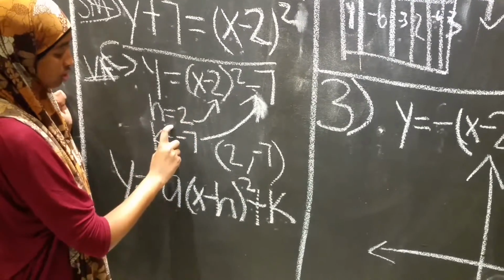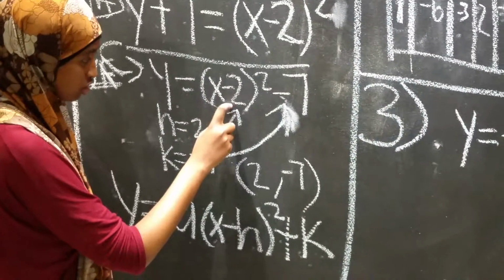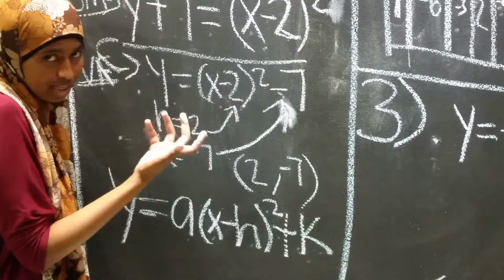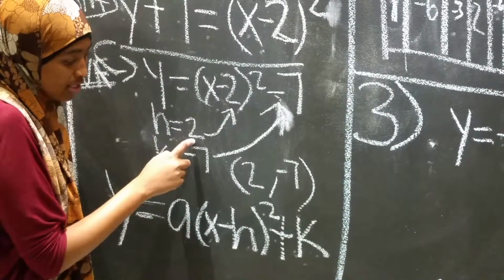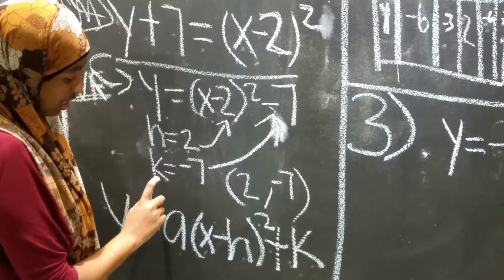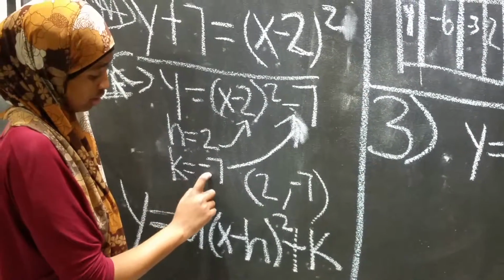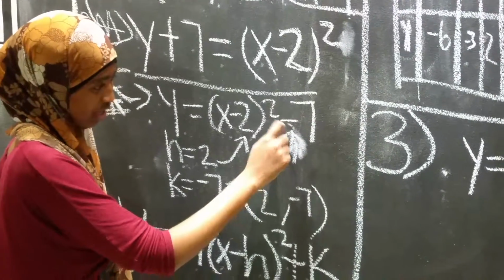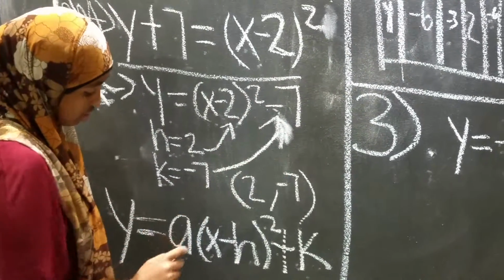For our h, you take the 2, and it becomes automatically positive, so h is positive 2. And then we look for our k. So k equals negative 7. You get it from our last, which is plus k, which is negative 7.